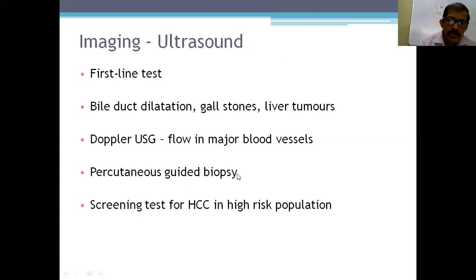Also, if you suspect vascular lesions by Doppler, you should never do biopsy. Mainly in medical practice biopsy is used, but in surgery, we do liver biopsy only in palliative care, in terminal cases where you want to try chemotherapy.